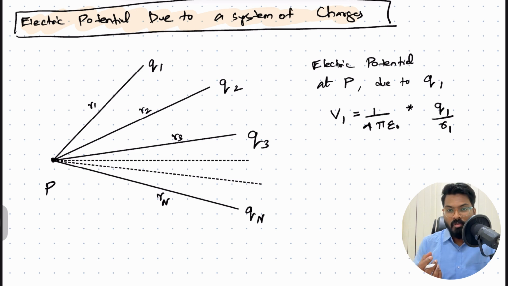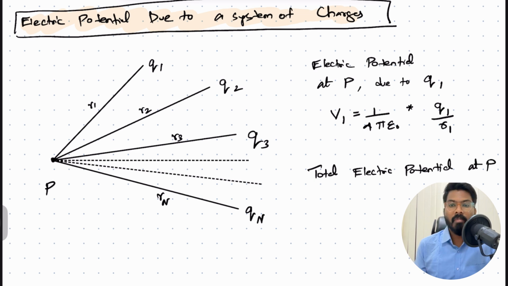Similarly, we could do this for all the point charges and the electric potential at P. That way we could calculate the total electric potential at P. So if I say the total electric potential is V, it is made up of V1, V2, V3 and so on, up to Vn.